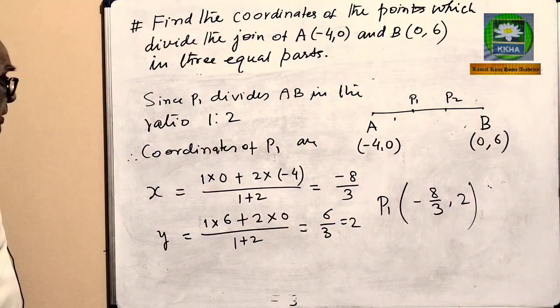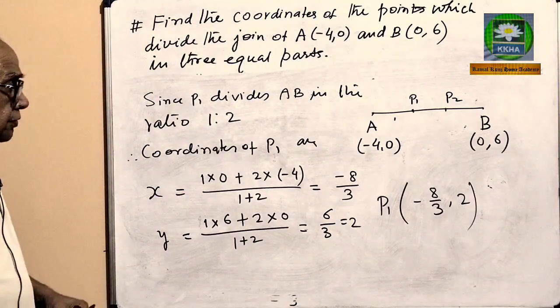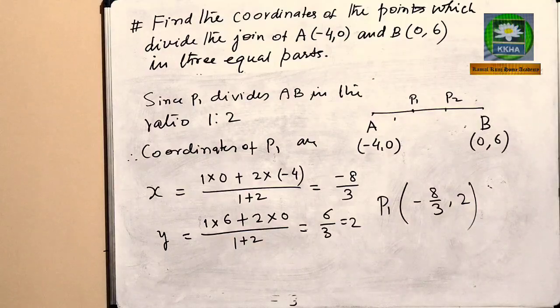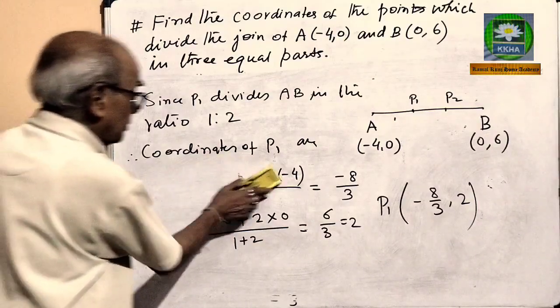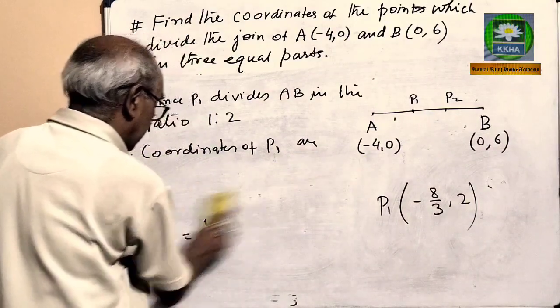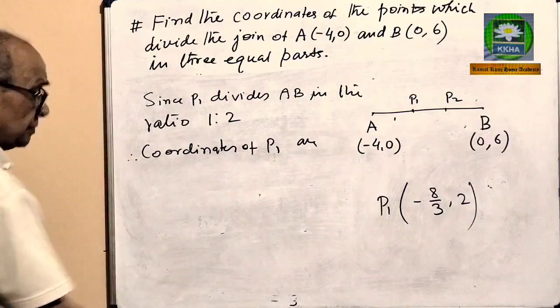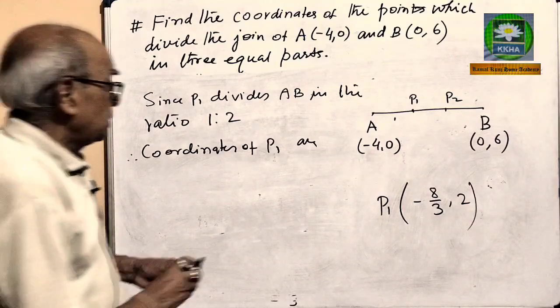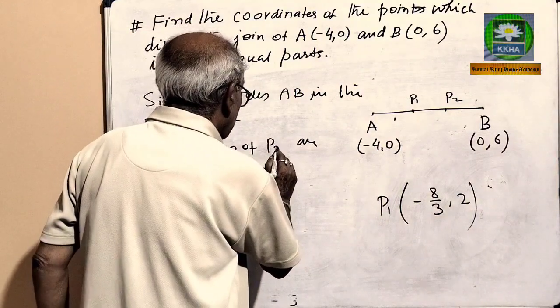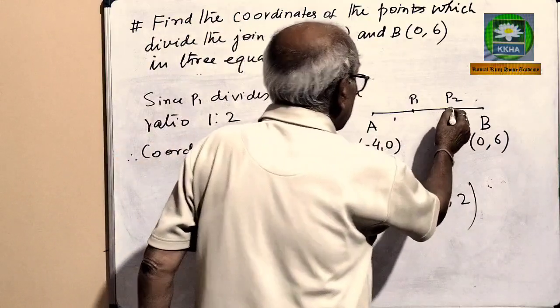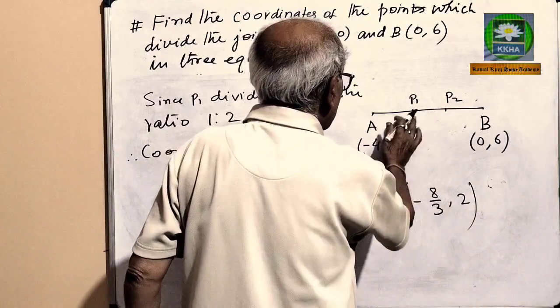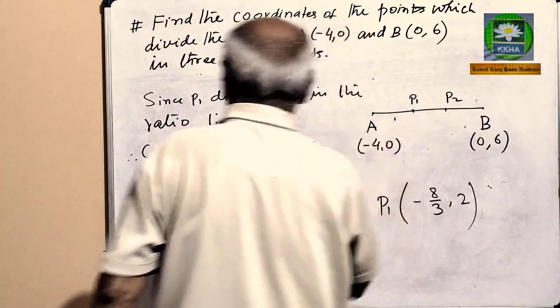Now let us find the coordinates of P2. If we consider point P2, then this will divide AB in 2:1 ratio.